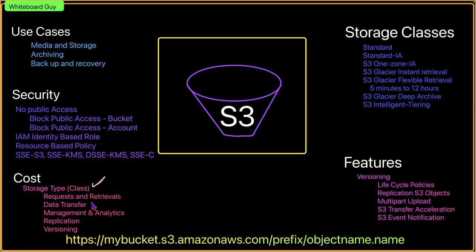So when I have data in there, that storage of that data, I pay for that. If I move data in and out of my AWS environment, out of the region, I pay for that. If it is maybe to a service in the same region, there are some caveats where you don't pay for that at all. Data transfer out of that region as well, I pay for that.